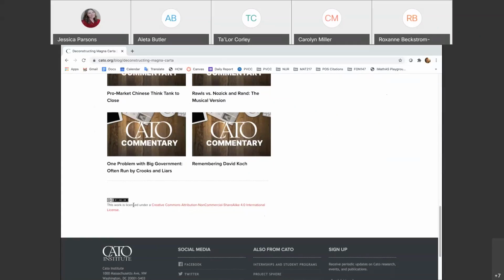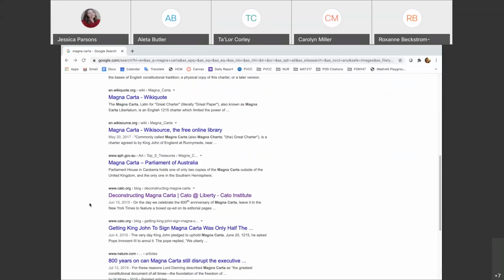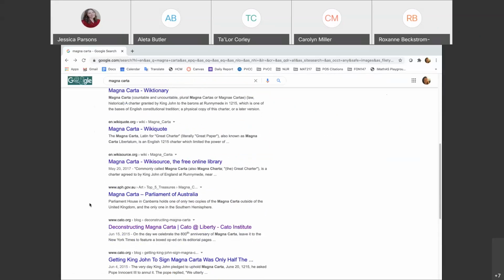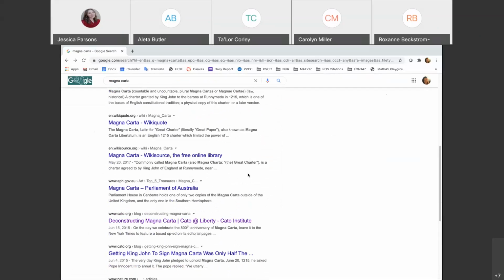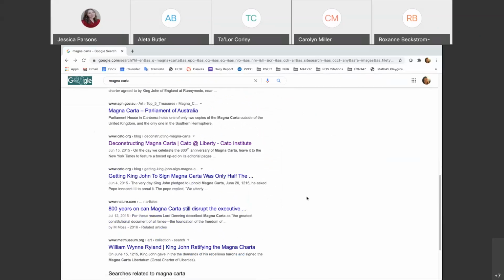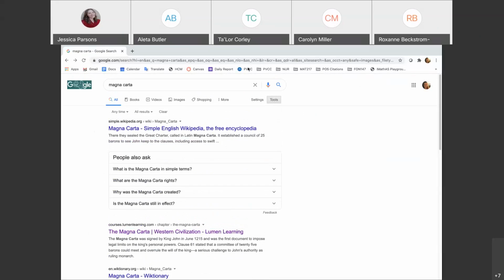So this was also great to use. It doesn't have that non-derivative license, and it can be edited and reused. So those two are wonderful articles to use, and you can see there are a lot of different entries, just Creative Commons. So that's generally how we search for articles on Google.